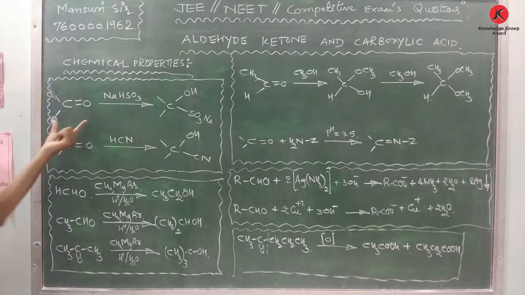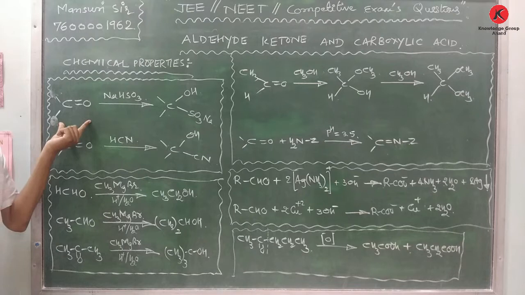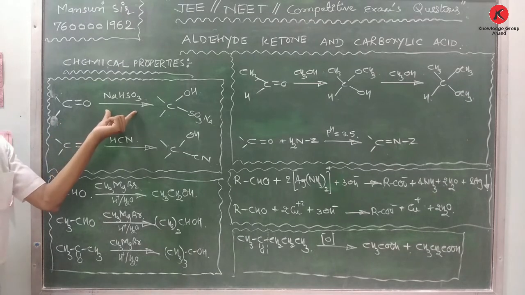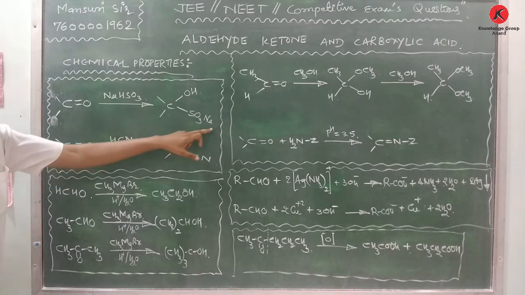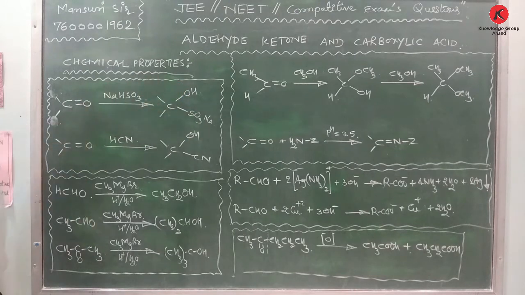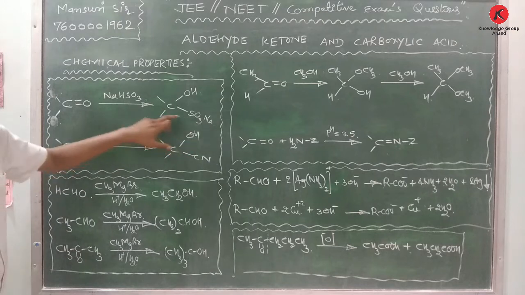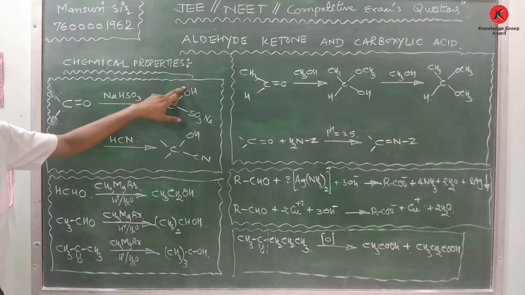So what we are taking here depends upon aldehyde and ketone. Now when carbonyl reacts with sodium bisulfite, then a sodium bisulfite product is obtained. When ethanal reacts with sodium bisulfite, then ethanal sodium bisulfite is obtained.